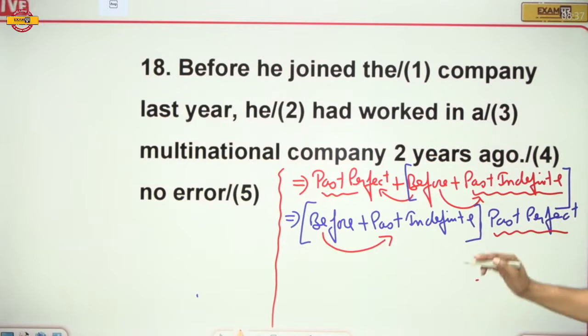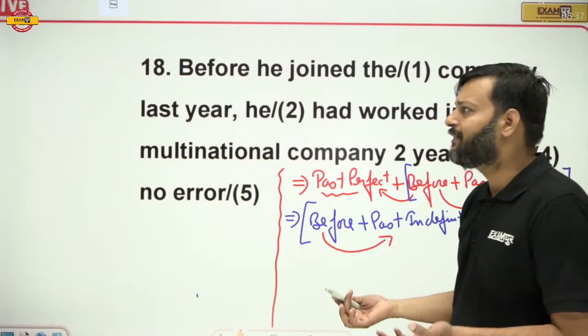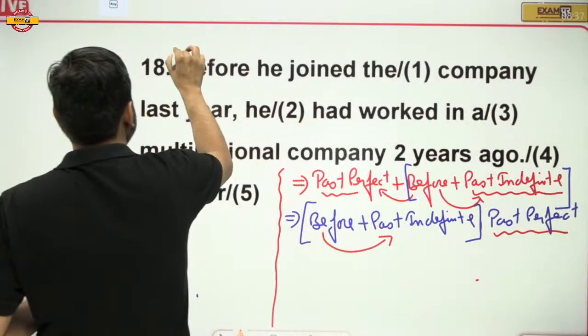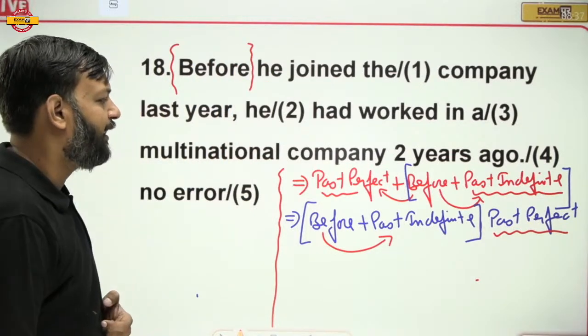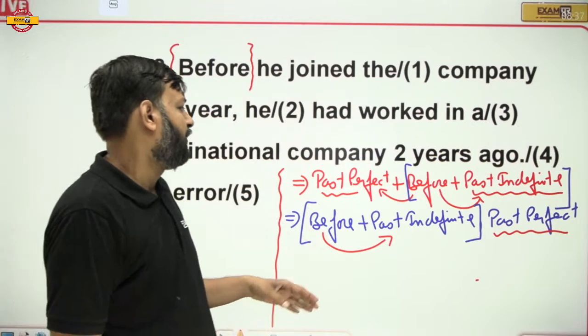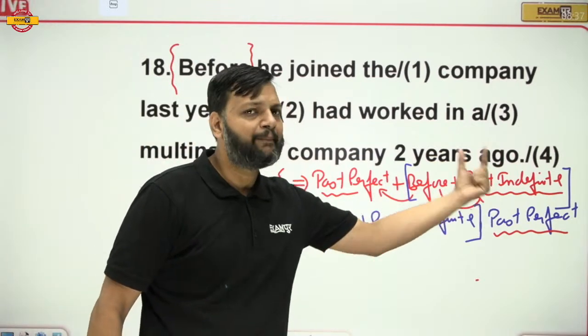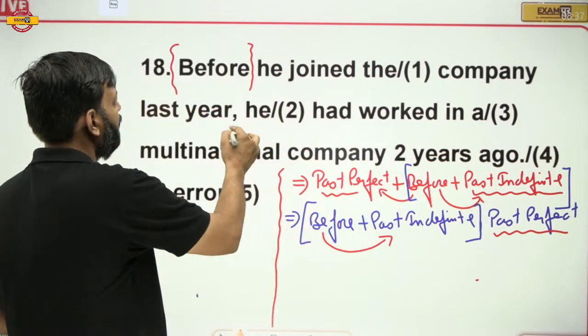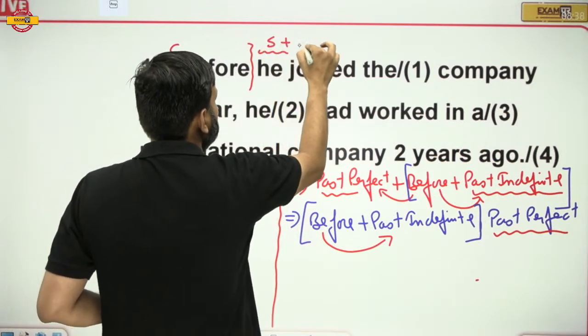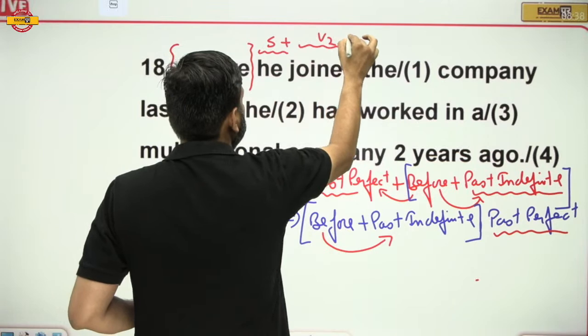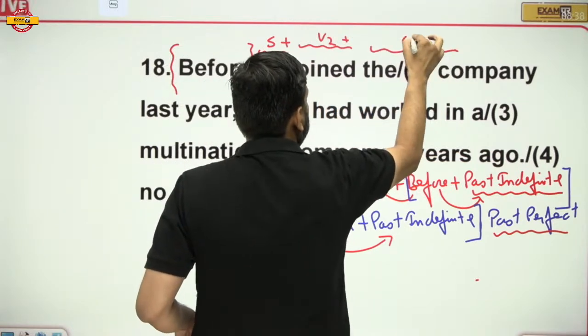Okay? Now, if we see this sentence, here we have before. And as I told you, before must be followed by past indefinite. So here we have past indefinite: subject, here we have second form, and the company is object.